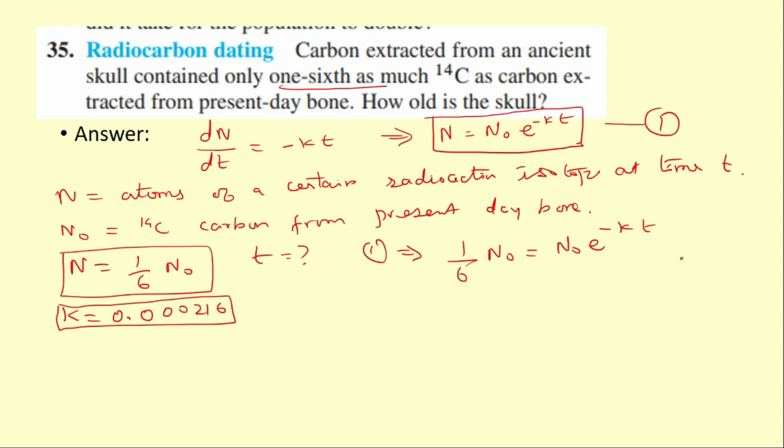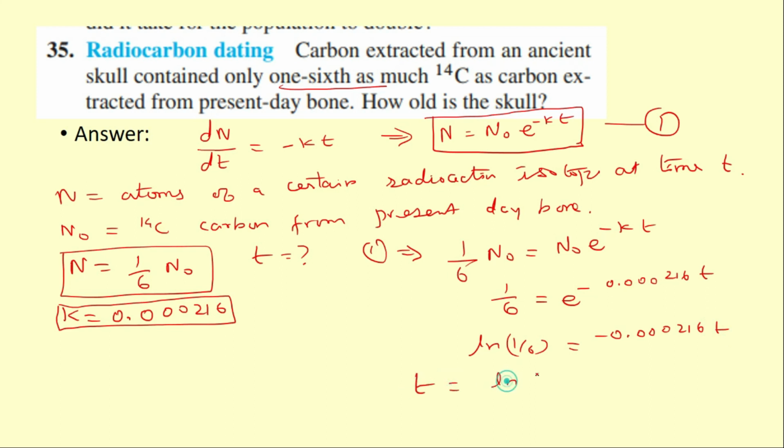Therefore, on the right hand side, both divided by N0, and you will end up with 1 over 6 equals e raised to minus 0.000216 t. Remove the exponential on both sides. It will be ln 1 over 6 equals minus 0.000216 t. So what is t?